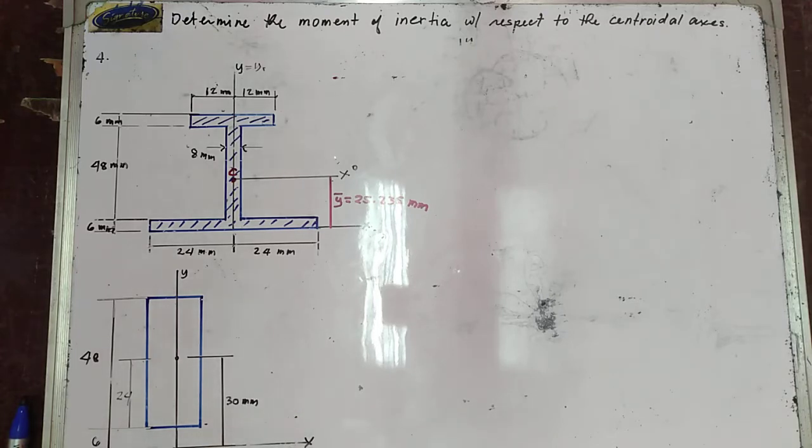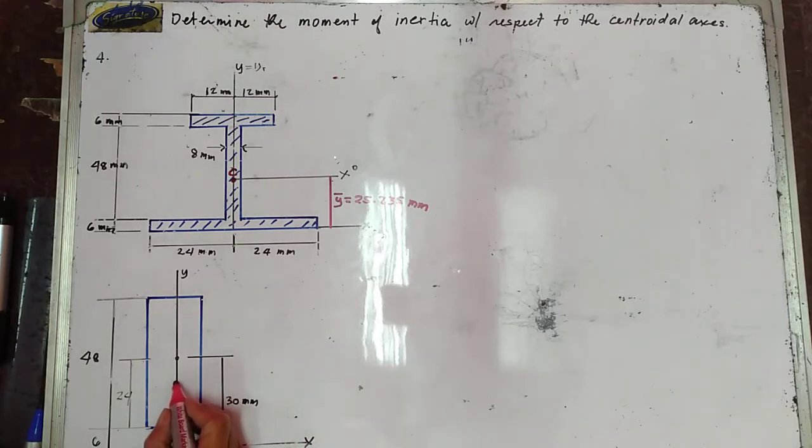So, the centroid of the area is located 25.235 millimeter from the given x-axis.